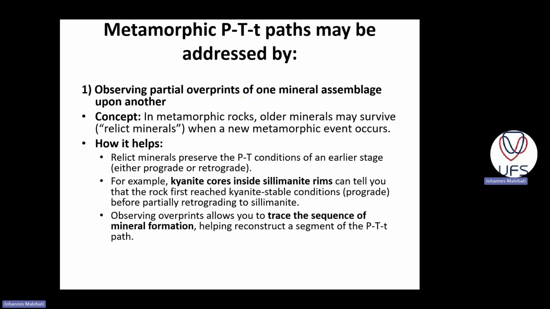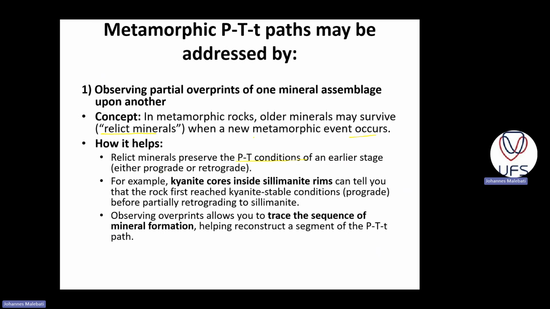observing partial overprints of one mineral assemblage upon another. We understand that in metamorphic rocks, older minerals may survive, and then they become relics when a new metamorphic event occurs. So the relic minerals preserve the pressure temperature conditions of an earlier stage, prograde or retrograde metamorphism.